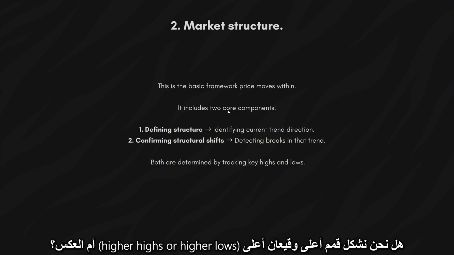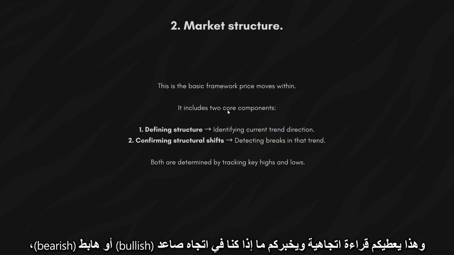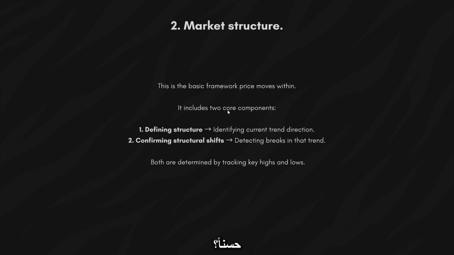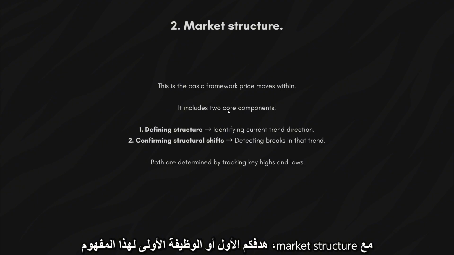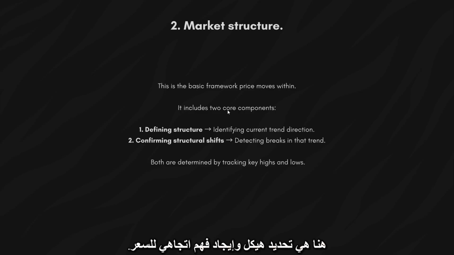Are we making higher highs and higher lows, or is it the opposite? That gives you a directional read and tells you whether we are bullish or bearish. With market structure, your first function is to define a structure and make a directional sense of price.